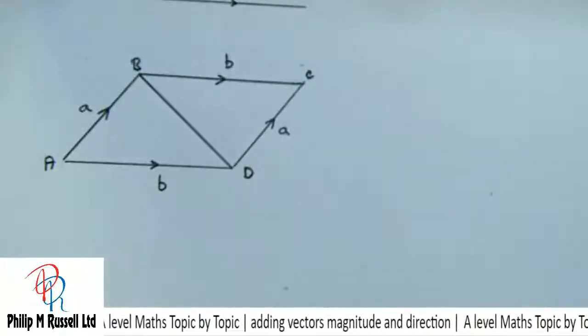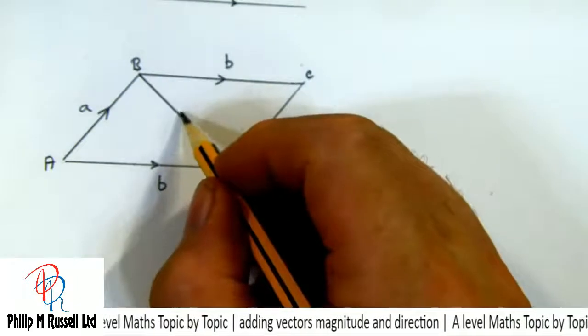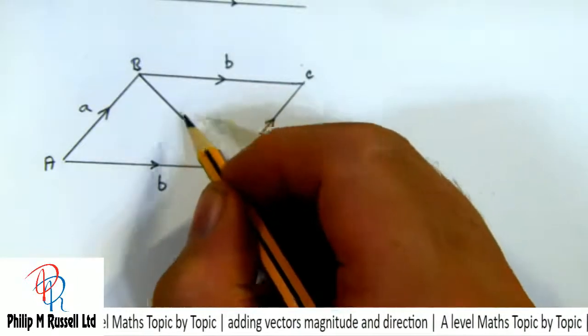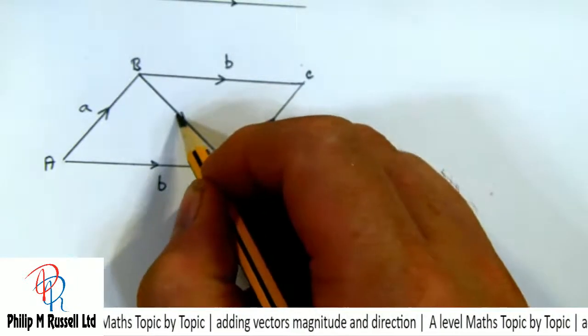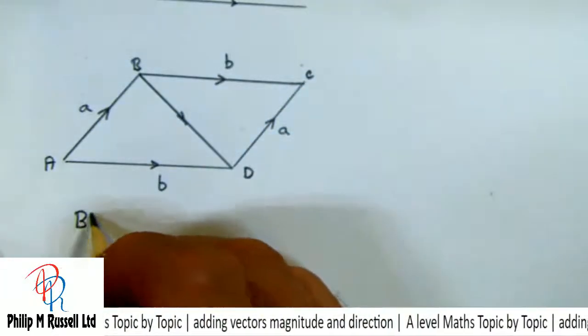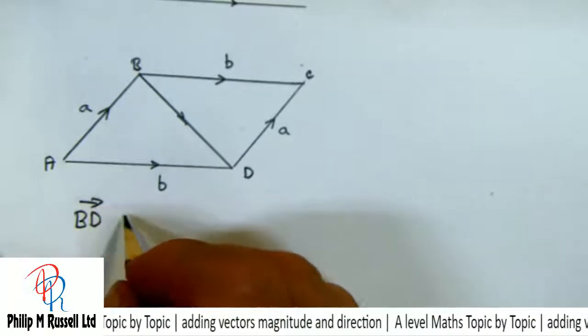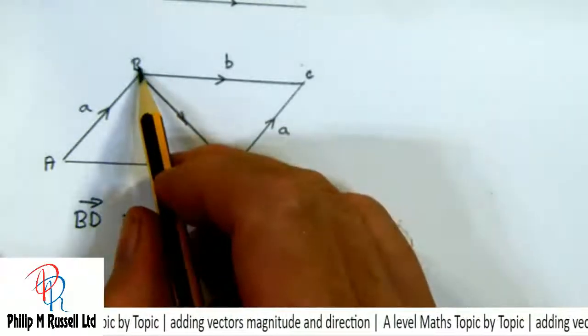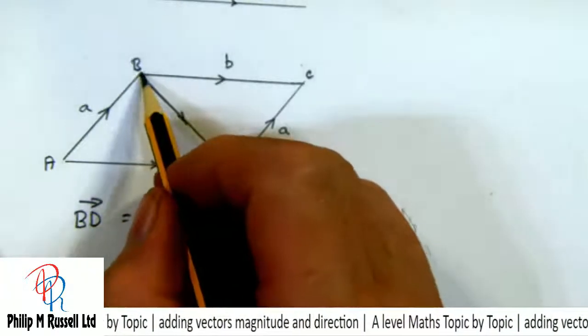if I want to try and work out this line going from B to D, so I want to work out vector B to D, well, I don't know that one, but I know it's this one.